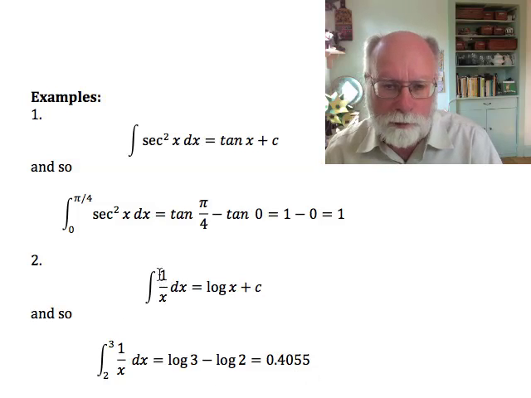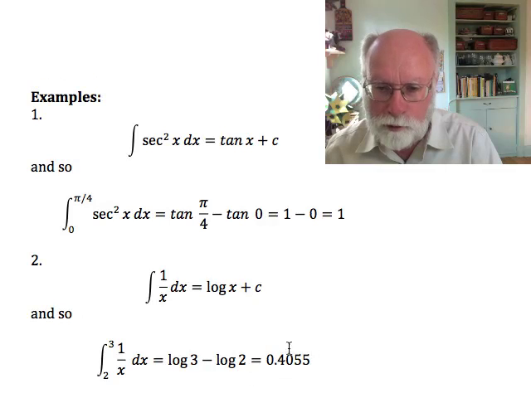The next example is to start with the antiderivative of 1 over x, and we know that is log x. That comes out of our table, and that's just a very simple fact that we proved about the derivative of log x, that it is 1 over x. And so the integral from 2 to 3 of 1 over x dx can be evaluated by the fundamental theorem of calculus as the logarithm of the top limit, 3, minus the logarithm of the bottom limit, which is 2.